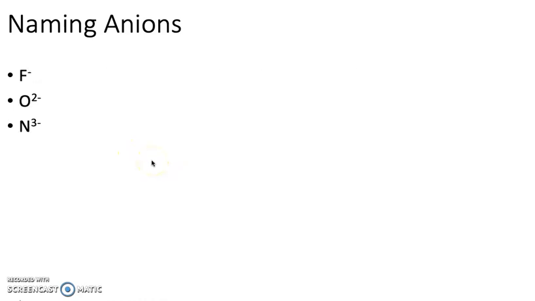So let's take a look at some different anions. You have F minus, O2 minus, N3 minus. Now they all gained electrons. Fluorine gained 1, oxygen gained 2, nitrogen gained 3. Fluorine's in group 7A, oxygen's group 6A, nitrogen group 5A. So the names of these are as such.